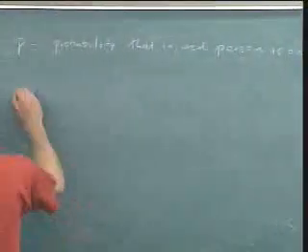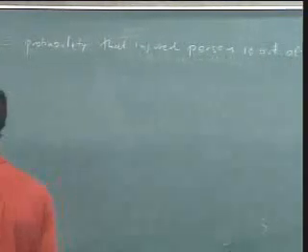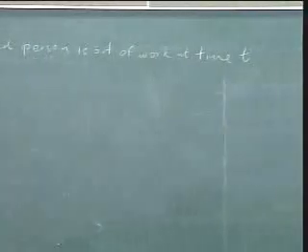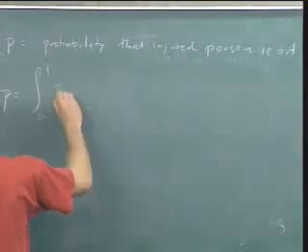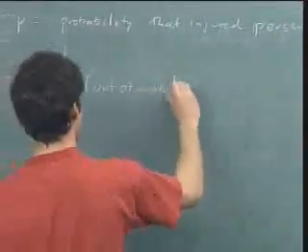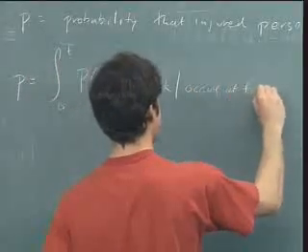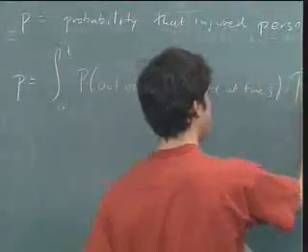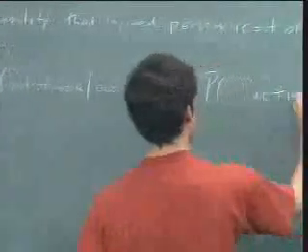Okay, so then we need to condition on when his injury occurs. So we say probability out of work given injury occurs at time s times the probability that the injury occurs at time s.